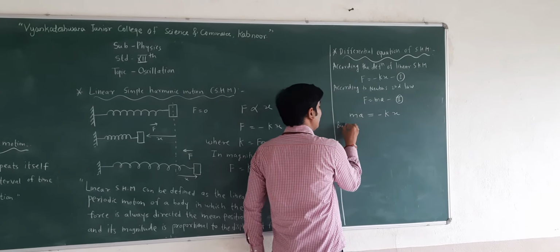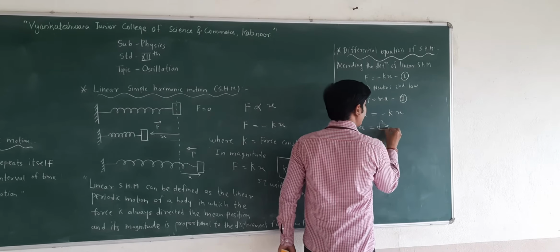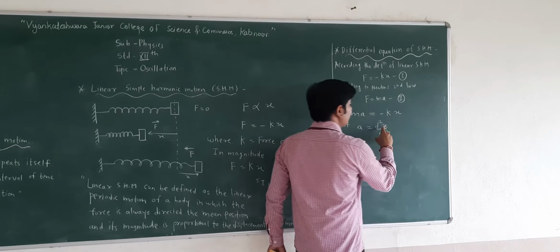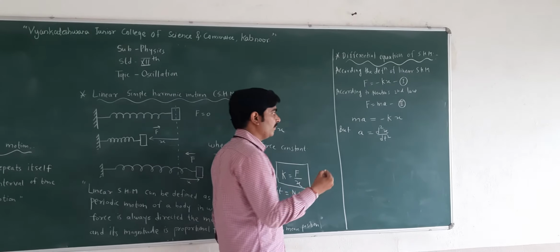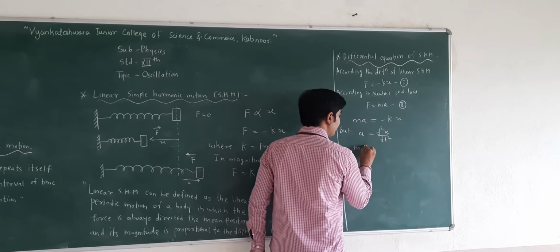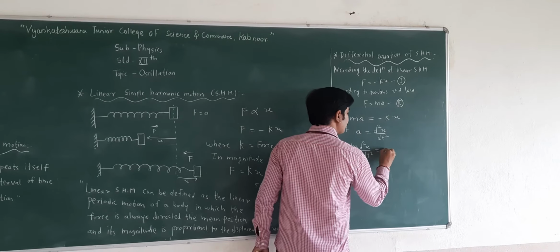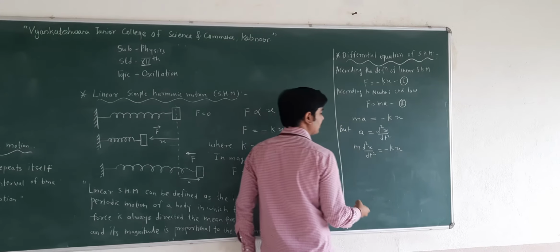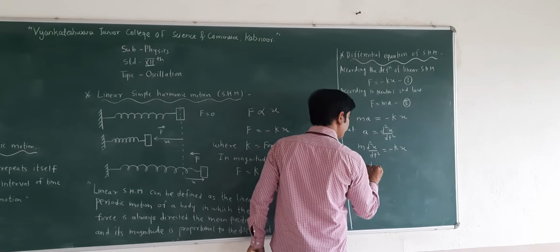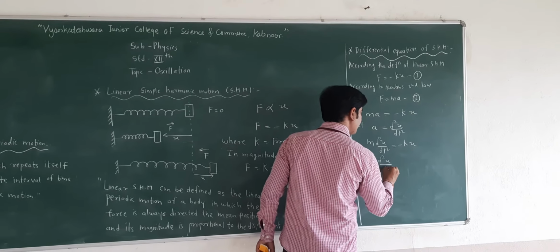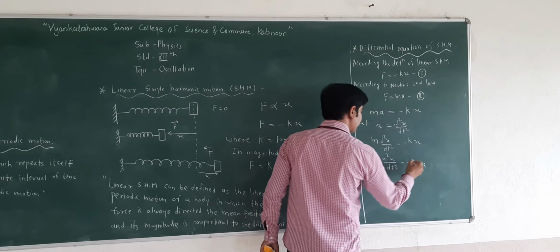But what is the acceleration? a is equal to d2x upon dt square. The second derivative of displacement is nothing but the acceleration. So it will become m d2x upon dt square is equal to minus k into x. Take m on this side, so d2x upon dt square is equal to minus k upon m x.